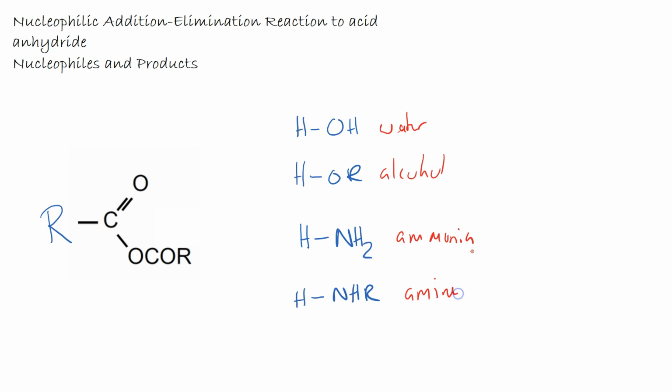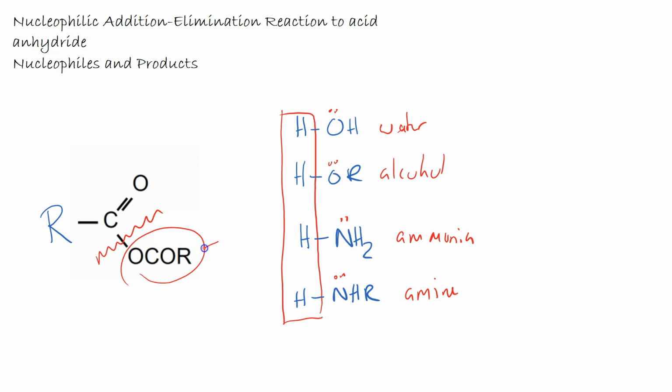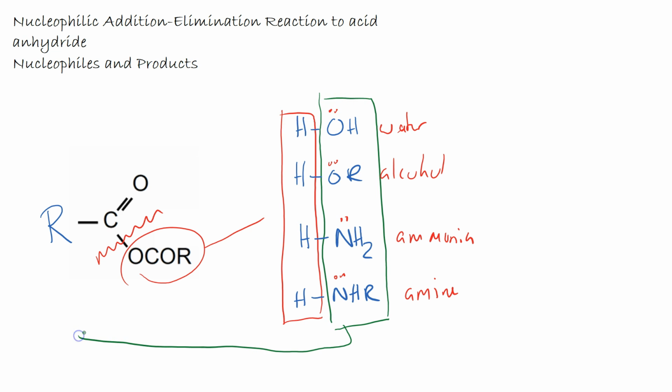And once again, it's the lone pair of electrons on these that will be reacting with the carbon R group, and therefore the bond that eventually gets broken is the one between the carbon and the oxygen, and these hydrogens end up forming with the OCOR side, and our lone pairs on our nucleophiles here will end up bonding to the carbon on the carbon double bond oxygen.